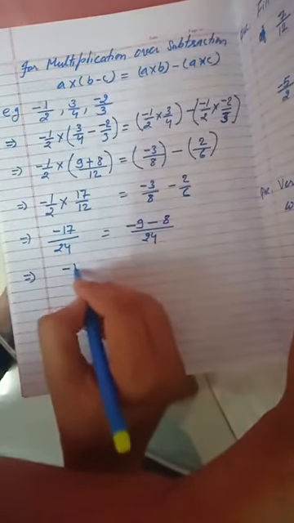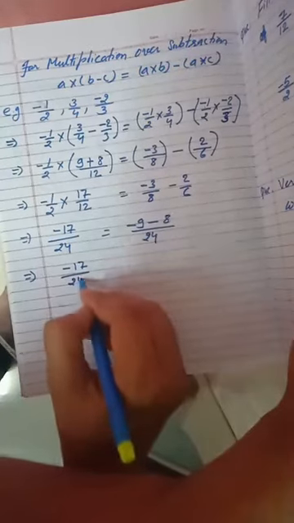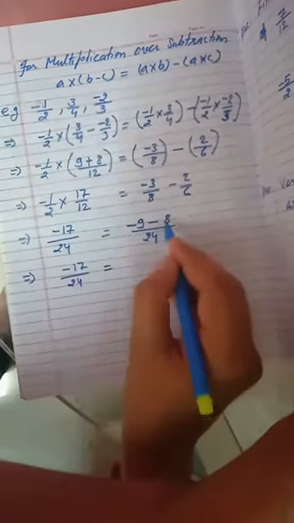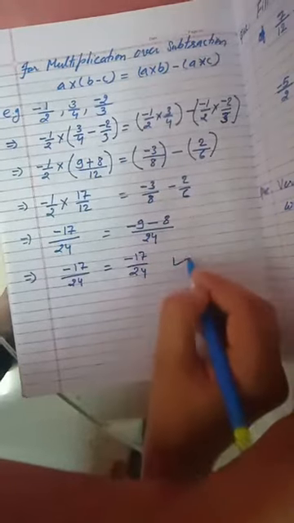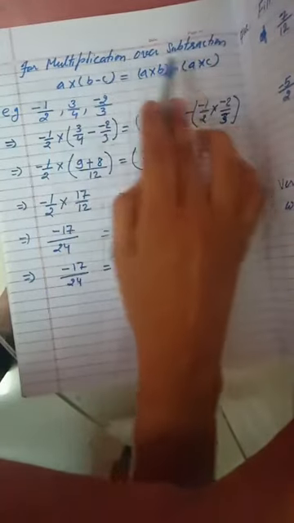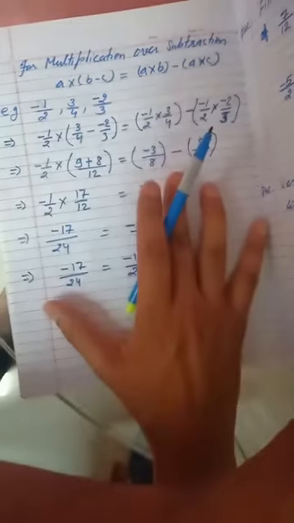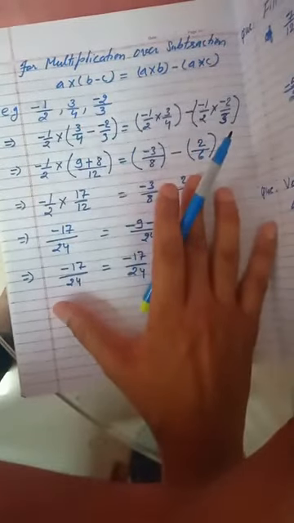Now minus 17 divided by 24 is equal to minus 9 minus 8, it is minus 17 divided by 24. So you can say that the distributive property is proved under multiplication over subtraction. In both conditions the distributive property is proved.